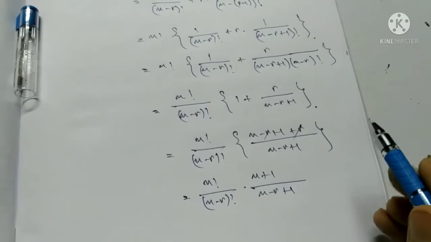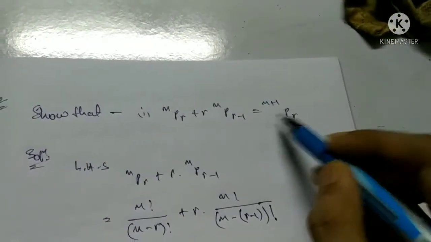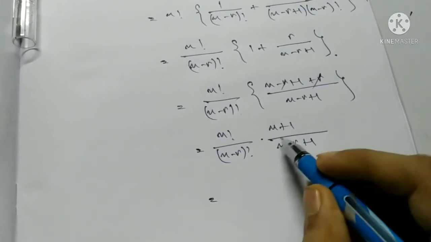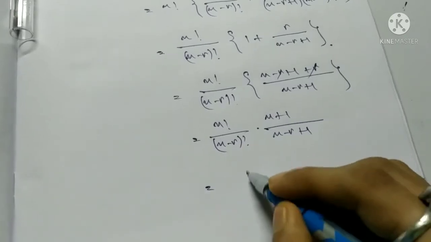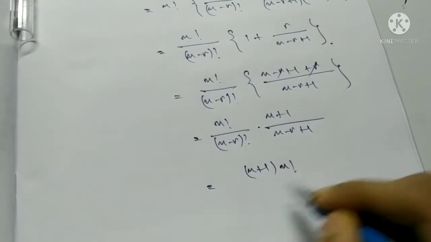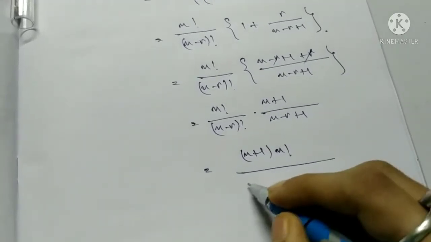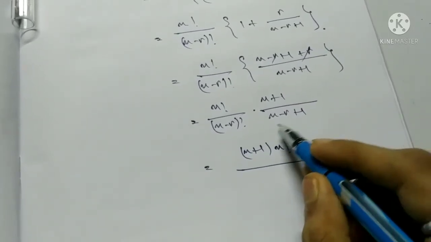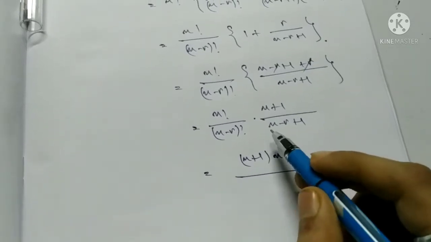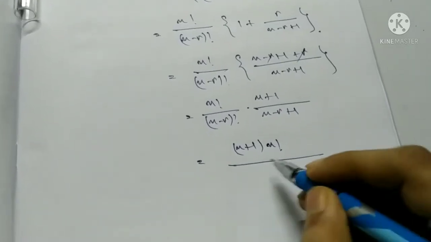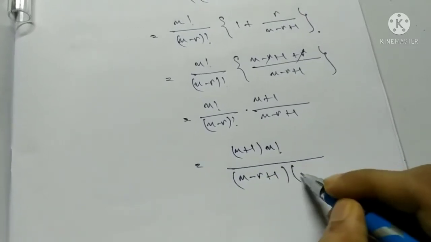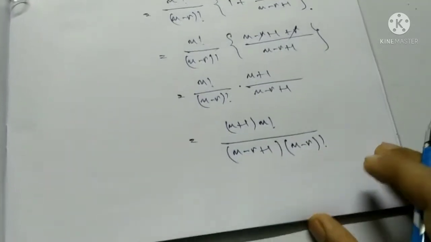So here what I have to prove is n plus 1 Pr, yes or no? I can write this as n plus 1 into n factorial by n minus r plus 1 into n minus r factorial.